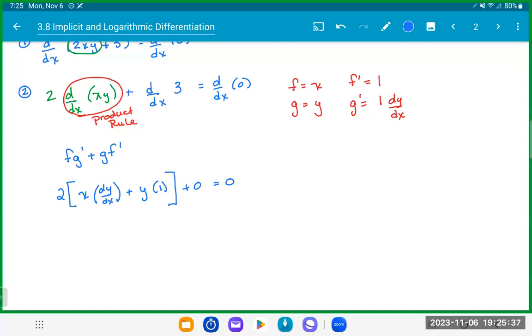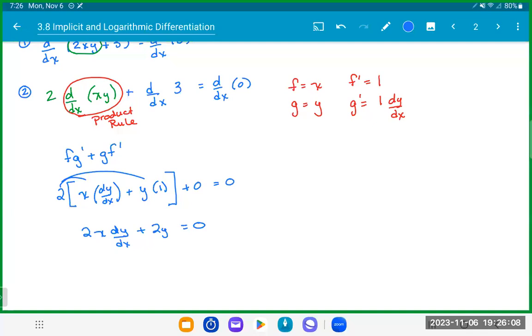So this simplifies to 2x dy dx plus 2y, because we have to bring the 2 to both pieces, is equal to 0. Any questions so far?